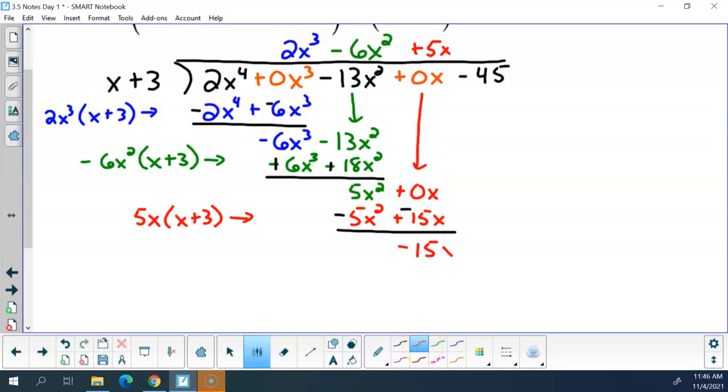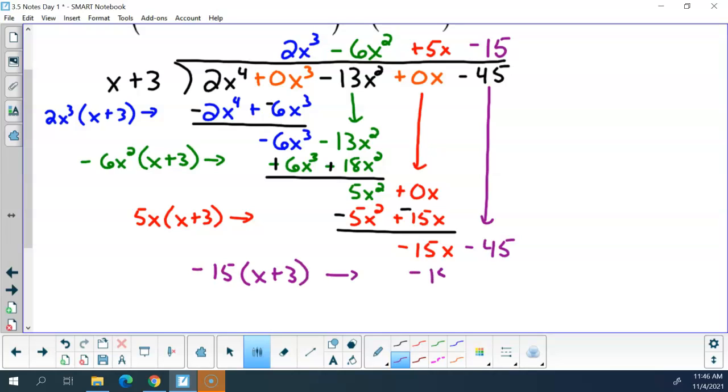Negative 15x. Then pull down the negative 45. Negative 15x minus 45. Change. Gives me a remainder of 0.